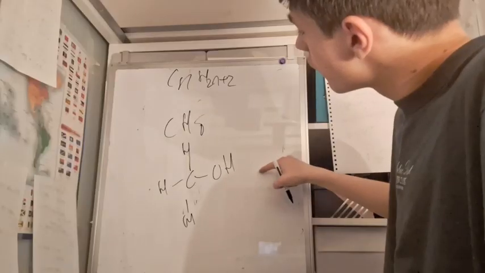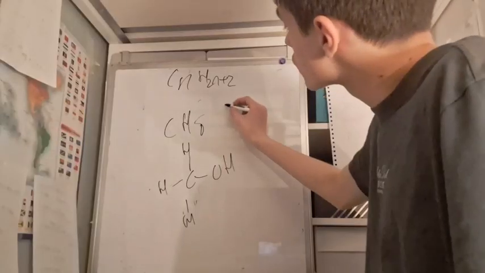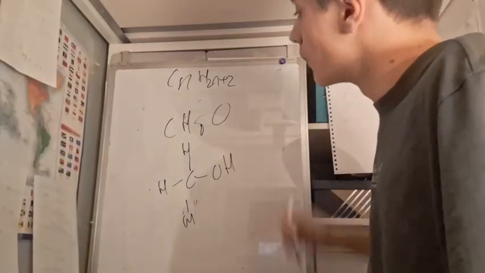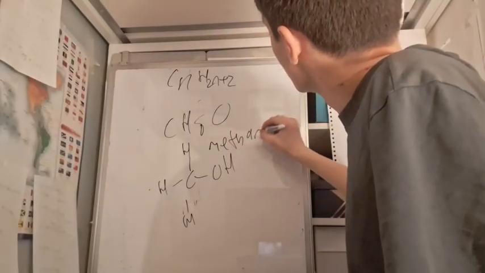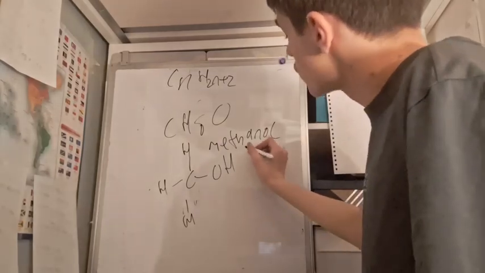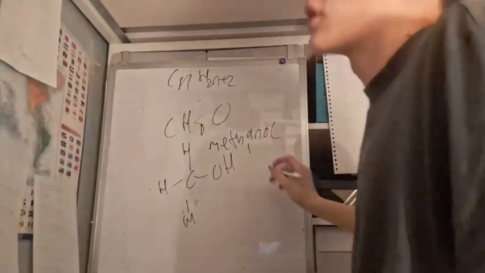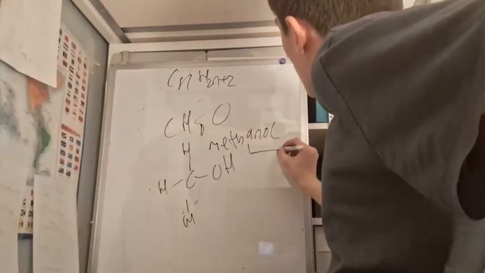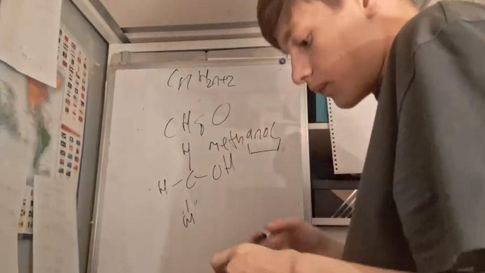So it still has the same amount of hydrogens, just has an extra oxygen, CH4O. And you would call this methanol. And you'd replace the ane at the end of every hydrocarbon with anol. Anol represents the OH group.